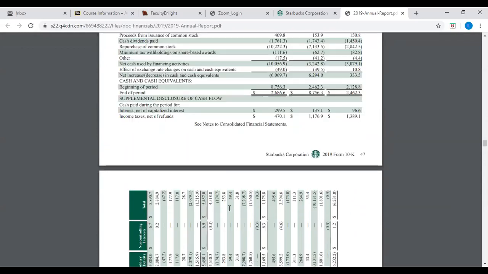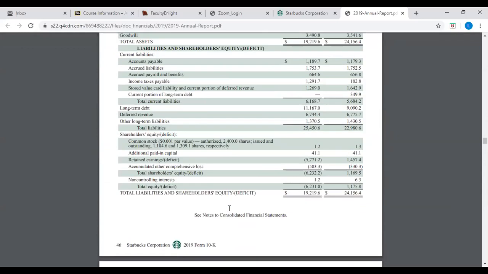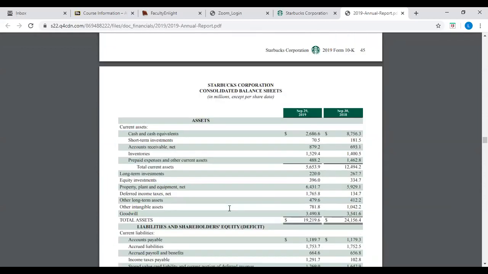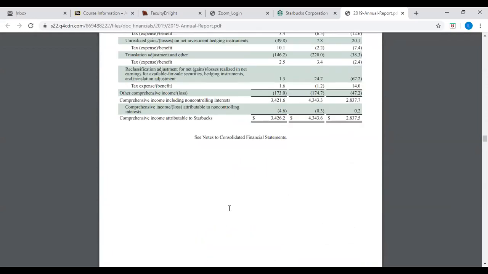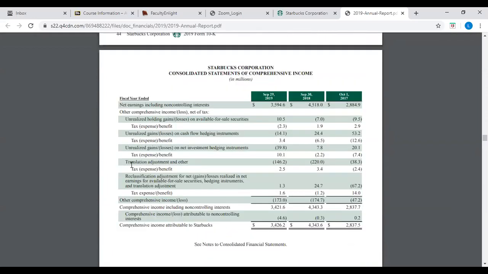Let me take a look. Let's go up to the earnings statement. Okay, first of all, remember I said unrealized gains or losses from available for sale securities go directly to equity, and this is how they get there.